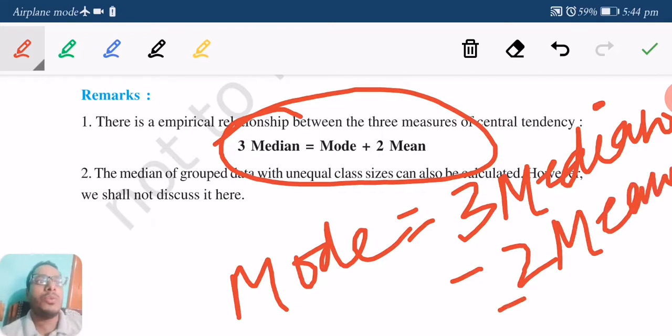This is the way it was given in our class ninth NCERT book. So this is the empirical formula for the relation between median, mode and mean. This is the way we can get the value of all the three. If you have two, then you can find the third one also by using this formula.